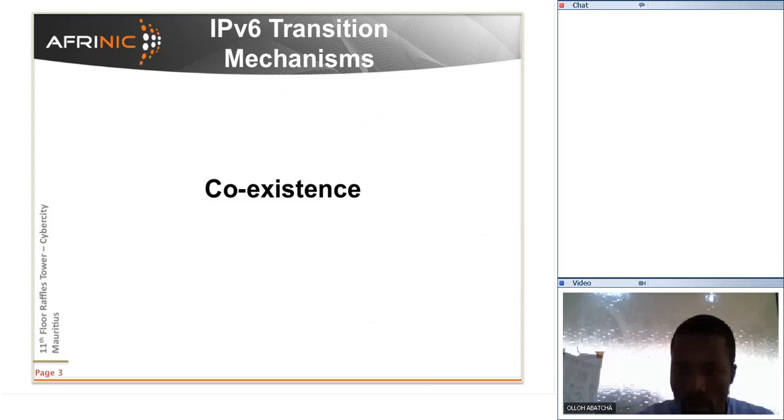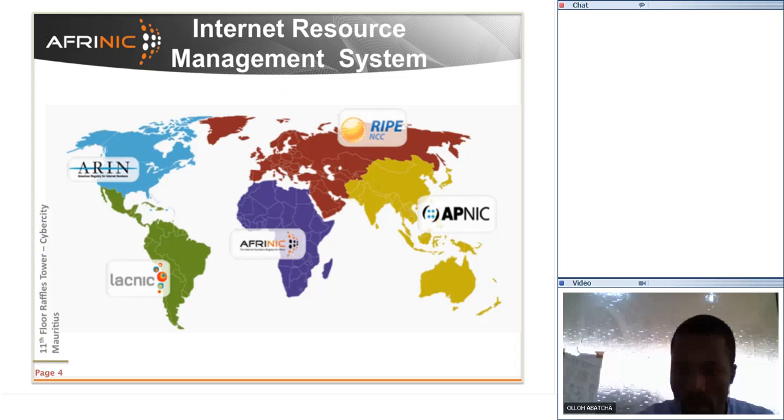What does coexistence mean? You may have heard Kevin yesterday talk about the RIRs, or the regional internet registries, which, as you can see from the map here, serve different communities and economies and regions. So you have AFRINIC that serves the African region.